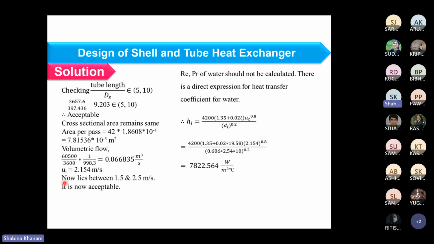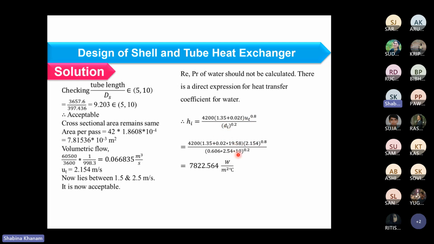Once I have the velocity, we can calculate the heat transfer coefficient. And if you remember the last class, we discussed that the heat transfer coefficient for water has a specific expression which is shown over here, 4200 and all. So ut is the tube side velocity, T is the average temperature of the water, and Di is the ID of the tube.